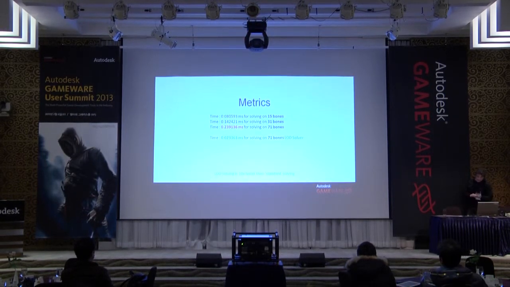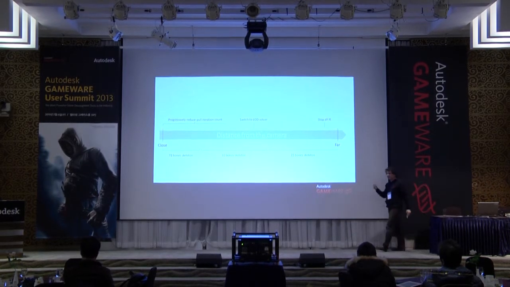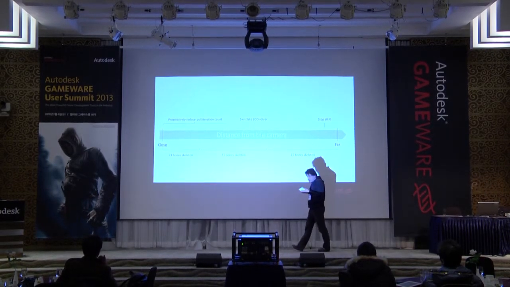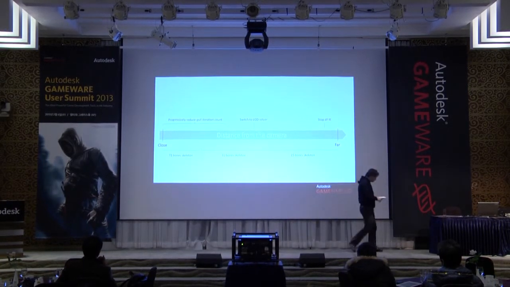And since the bone count matters a lot, we recommend in a multiple character game setup, like an MMO game, to create many versions of your character skeletons that get switched depending on the distance from the camera.